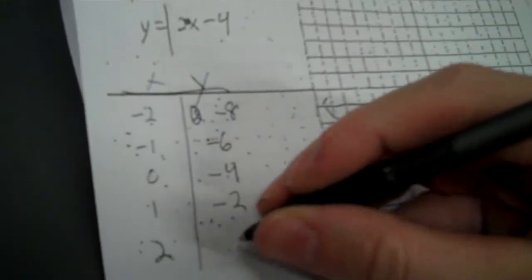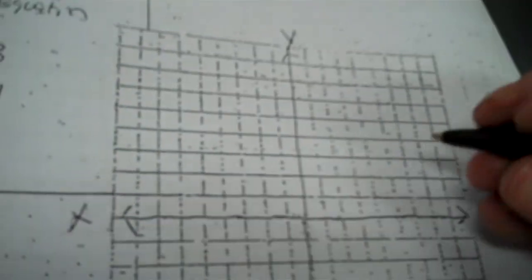You can see the linear pattern developing. 2 times 1 minus 4 is -2. And then I substitute 2: 2 times 2 minus 4 is 0. This is the x, this is the y.